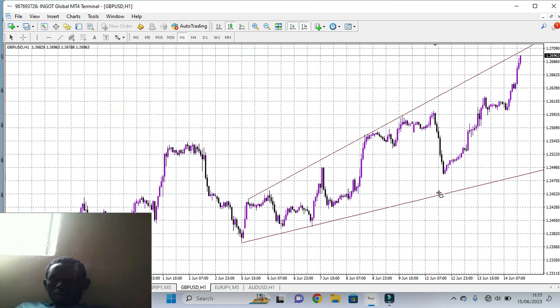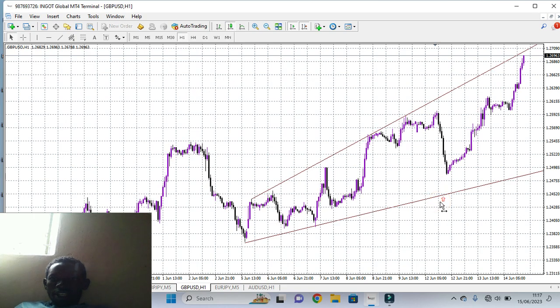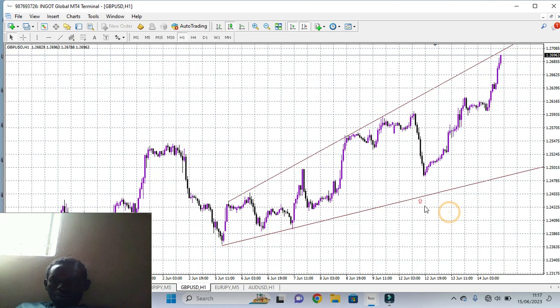For example, when it moves across this area, then it is pulled back. This area, when it moves down, or it cuts this area and then it moves up again, then wait for it.